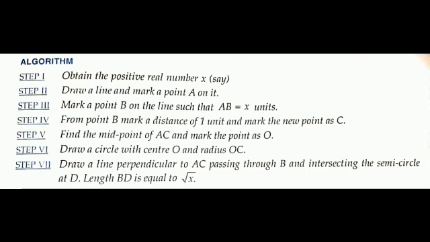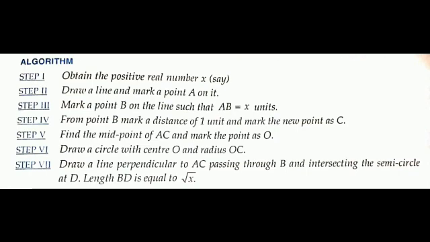Step 1, obtain the positive real number, let it be x. Then draw a line and mark a point on it, let that point be A. Mark a point B on the line such that AB is equal to x units. x is a variable here. It can be anything while solving the problem.